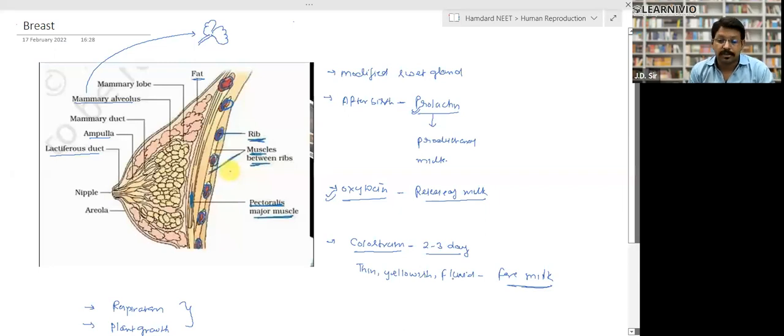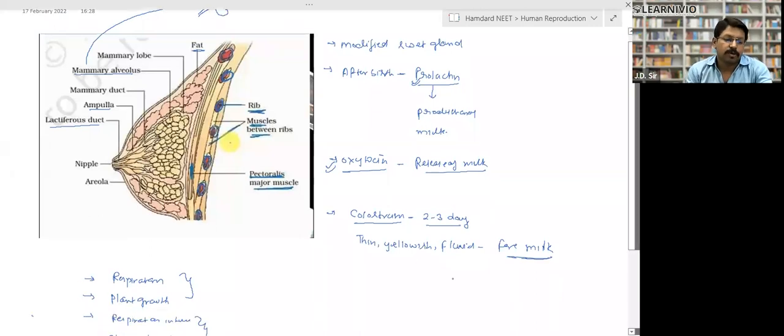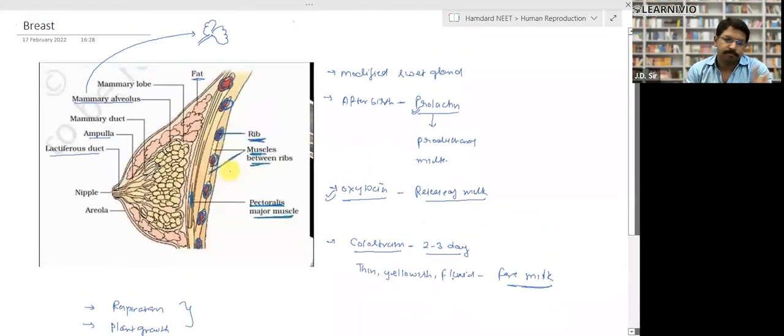That's why doctors suggest that after birth every child must take the mother's milk, because from it the child gets colostrum, and from colostrum it gets immunity. If the baby is not taking initial-day milk feeding, the colostrum does not go inside the body, and due to deficiency of colostrum the child becomes weak and does not get resistance against diseases, right? So this is all about the mammary gland or breast.